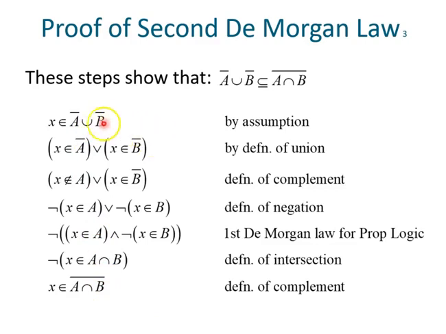So I leave this for you to follow. Having proved both inclusions, we conclude that we have equality.